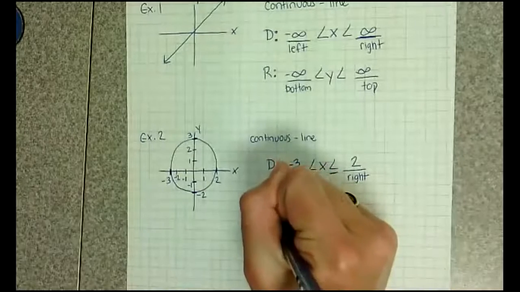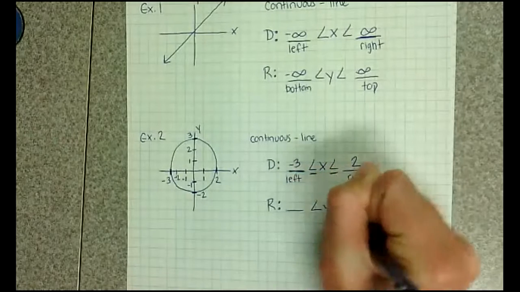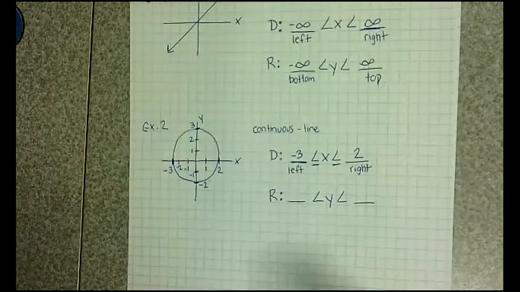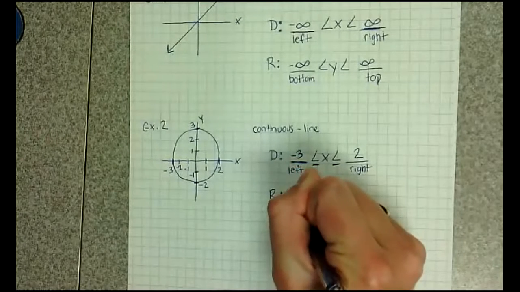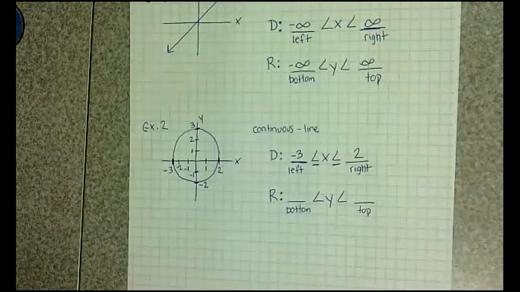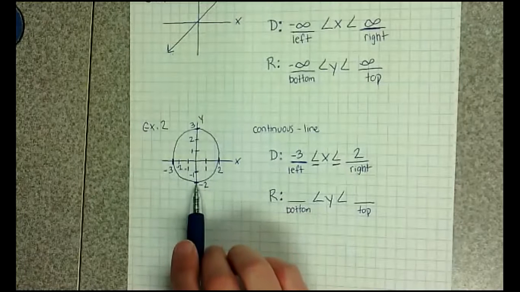Let's take a look at the range. So I'm going to fill in a number less than y, less than a number. Y goes up and down. So I'm going to put my smaller number in the bottom number, and then I'm going to put my top number in. The bottom of my graph is at -2 for the y value.